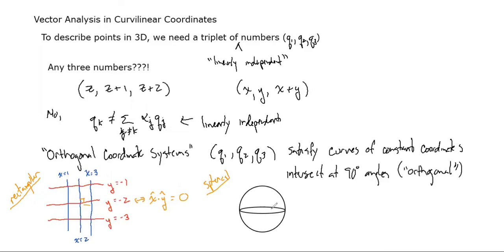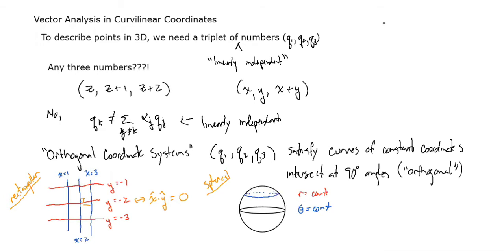So a surface of constant r would be this entire sphere. And then now let's look at a surface of constant theta. So that is a line of constant latitude. So there's theta equals constant, r equals constant.